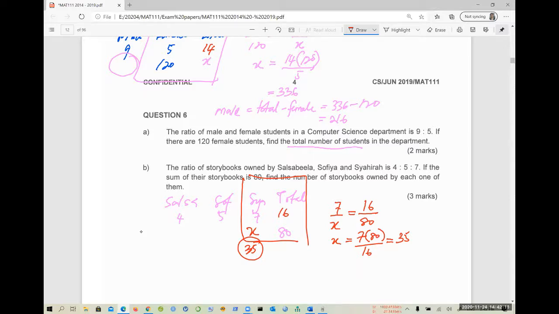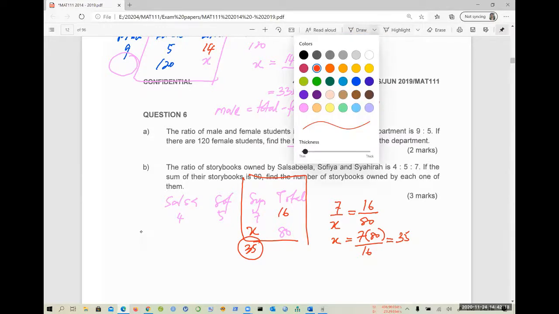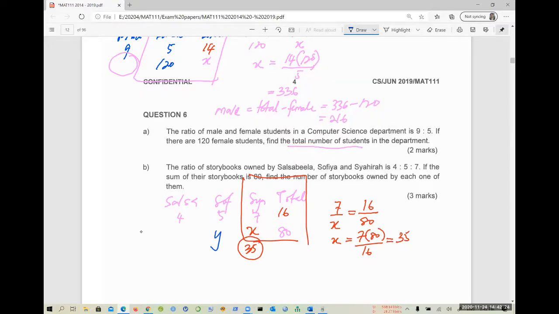So let's say I use Y over here. Sophia is Y. In this case, you can take any of these two. You can take these two, or you can take the total. You can also just take the 35. So let's say I just use these two.